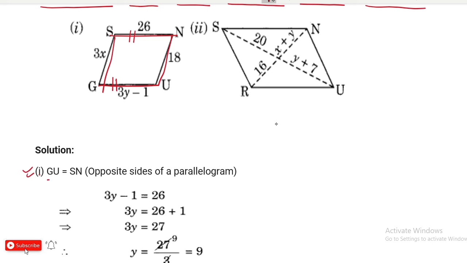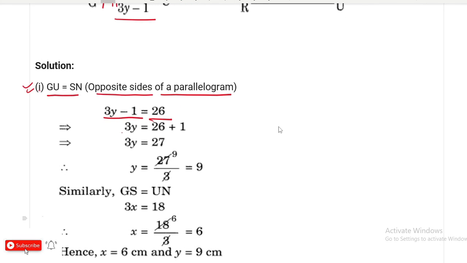So we write here GU is equal to SN, property of sides of a parallelogram. Here the value of GU is 3y minus 1 and the value of SN is 26. So we can write here 3y minus 1 is equal to 26. Now 3y is equal to 26 plus 1. We transfer this one to that side.